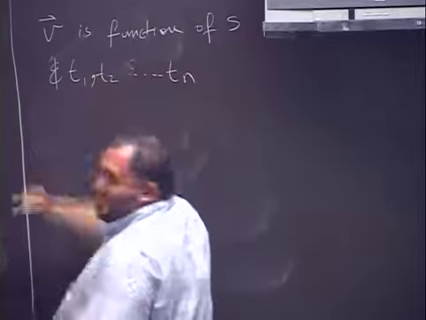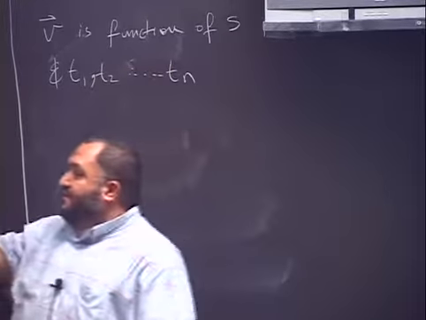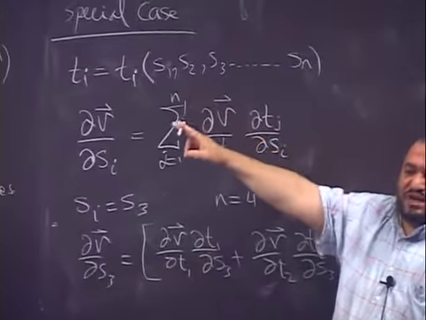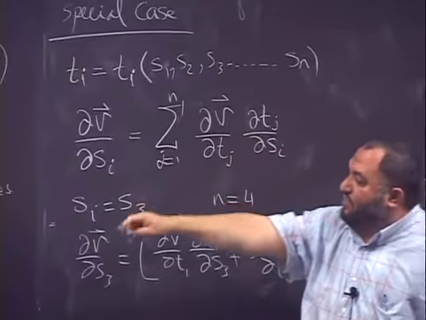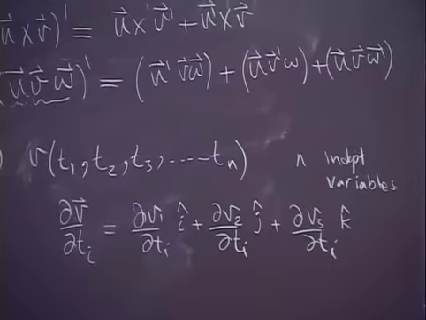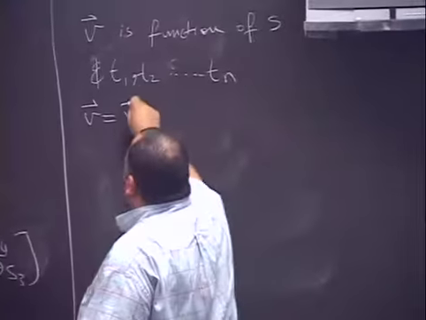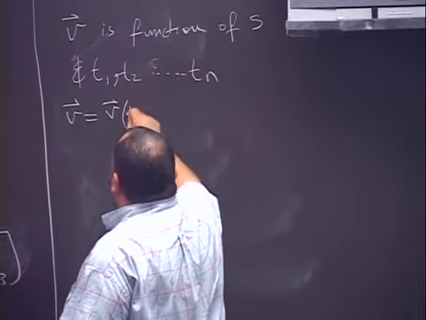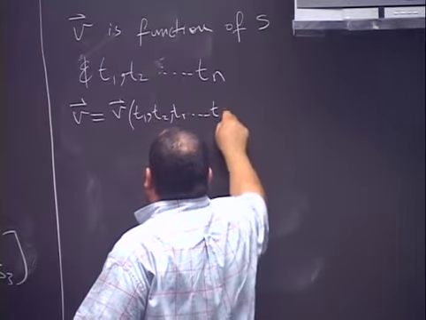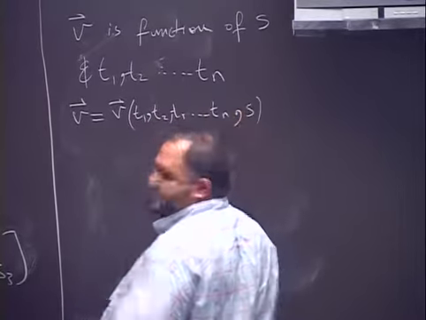So a special case is when the vector function v, as we stated here, was a function of t1, t2, t3, and tn. Now the function v is just v of t1, t2, t3 up to tn, and also s.